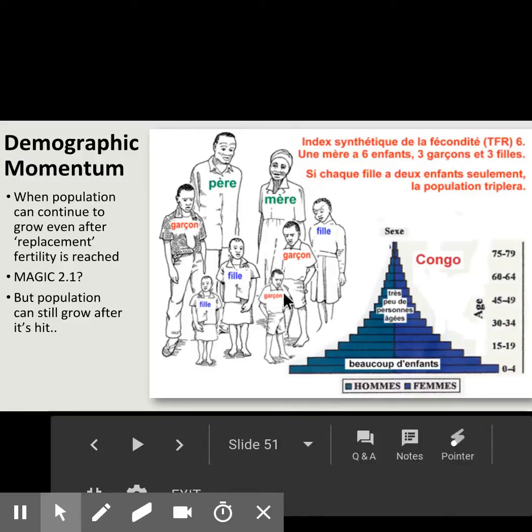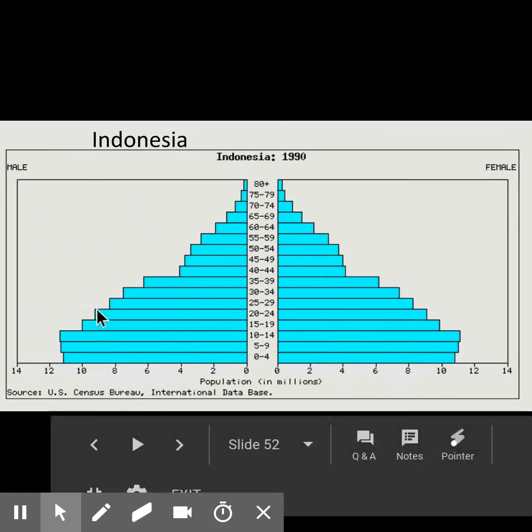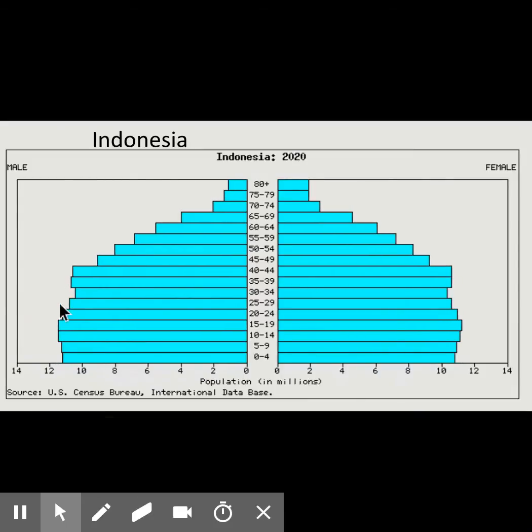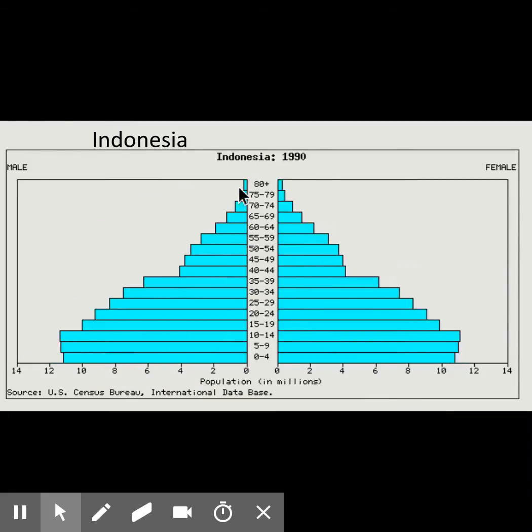So the total population is going to grow, even though people are having fewer kids than before, and the growth rate has slowed down, the total population will still increase. And it looks something like this. Notice here, these people are starting to fill in where all these other people will. Even though it's not growing, it's filling in. But you'll notice that there's more blue on the map now than there was.